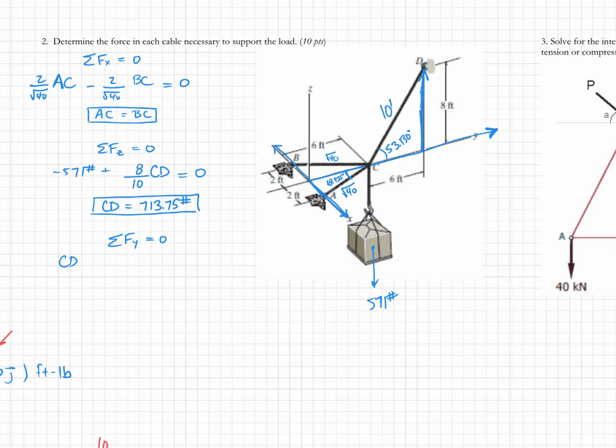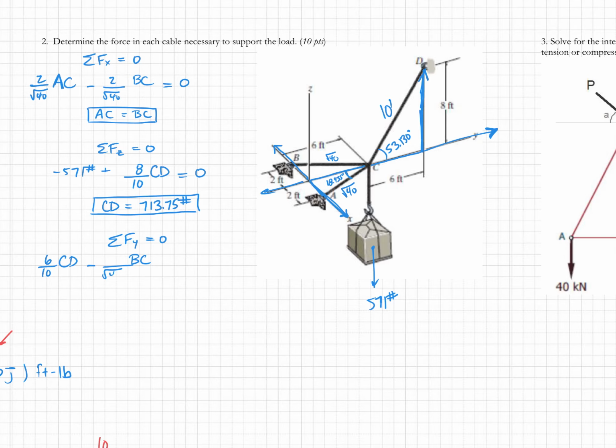CD, and we've got the 10, because that's CD. And then we want the 6 side of that. Then I'm going to subtract BC, because BC is acting in this direction, so that's a subtract.